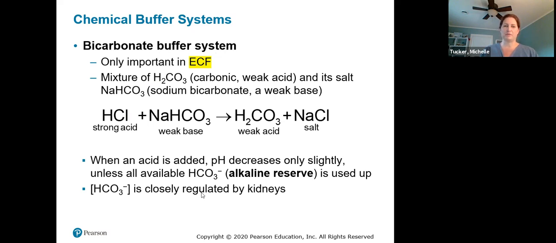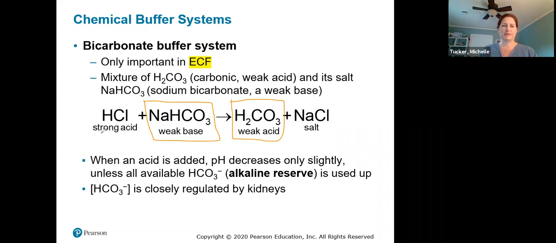It is going to be made up of a weak acid, being carbonic acid, and then a weak base, which, in this case, is sodium bicarbonate, also known as baking soda. And then its conjugate salt is sodium chloride.